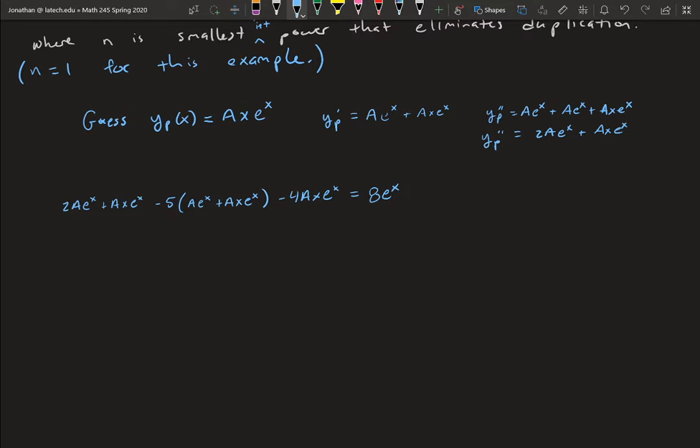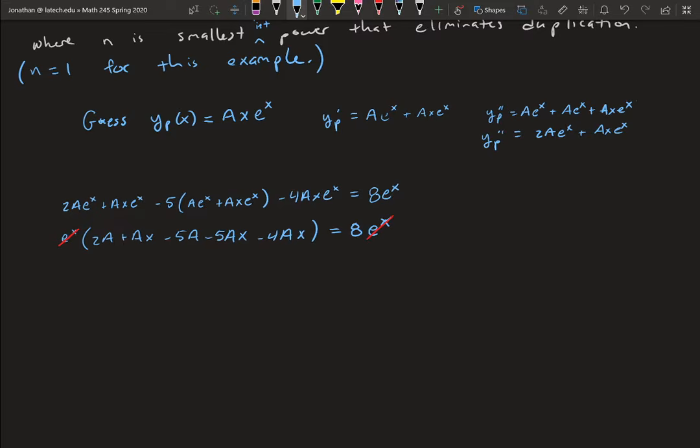And on the left we can factor out e to the x. That gives us 2a plus ax minus 5a minus 5ax minus 4ax equals 8 e to the x. And we can cancel the e to the x now, it's never 0.